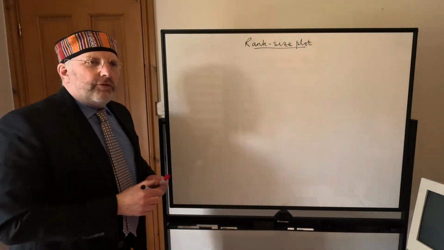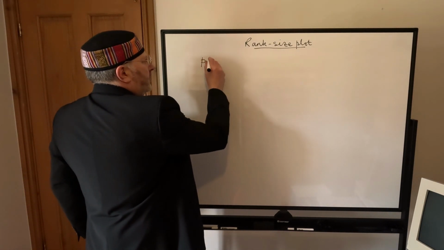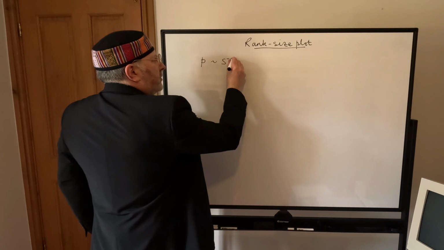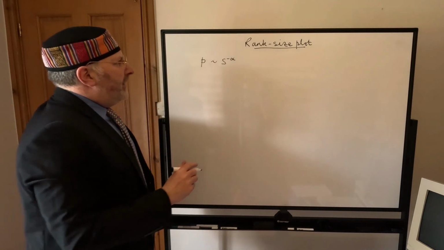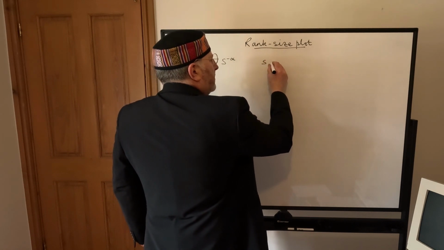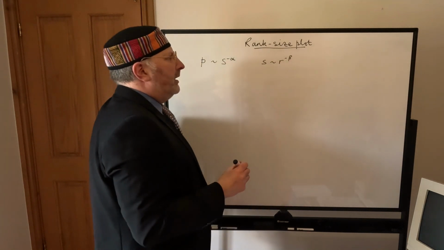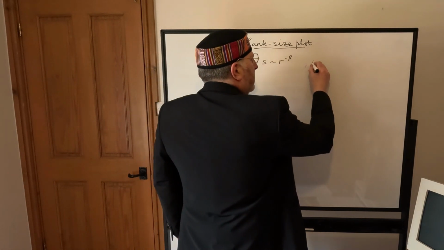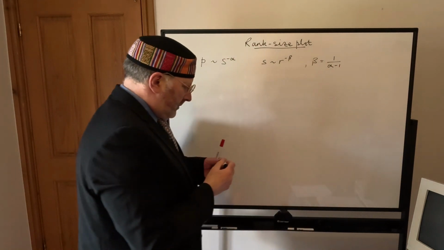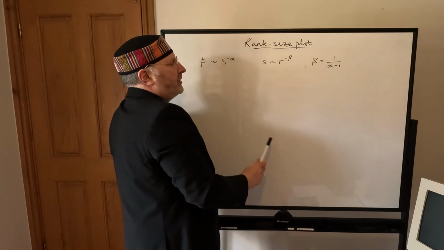Okay, let's just say a few more words about that. So what we're saying is that if we have a power law distribution, so the probability density function is proportional to S to the minus alpha, then we have a relationship between the size of an item and its rank that is also a power law. S is proportional to R to the minus beta, where beta is 1 over alpha minus 1. And so Zipf studied particularly these kinds of relationships.